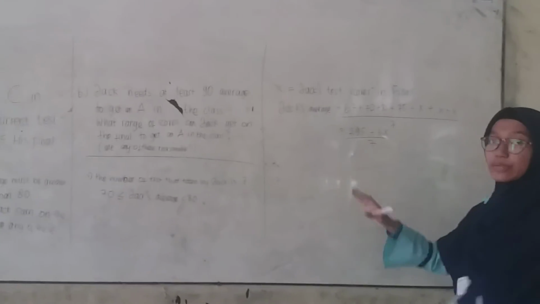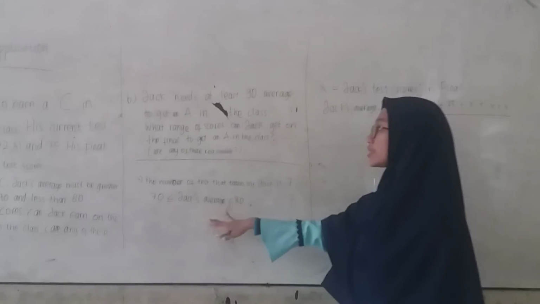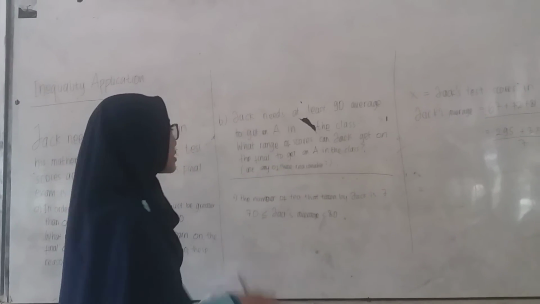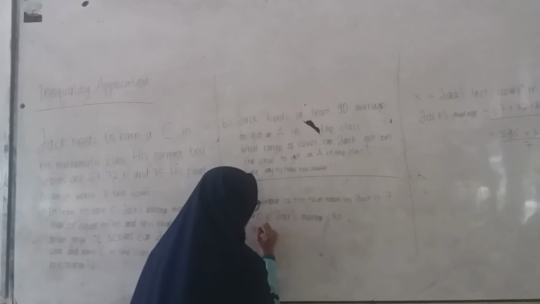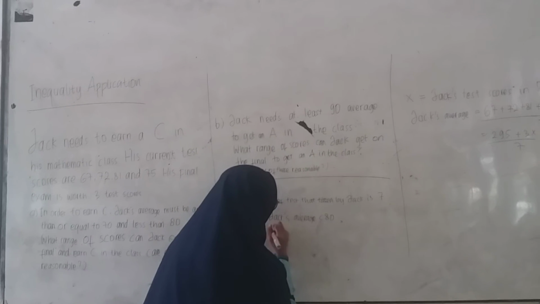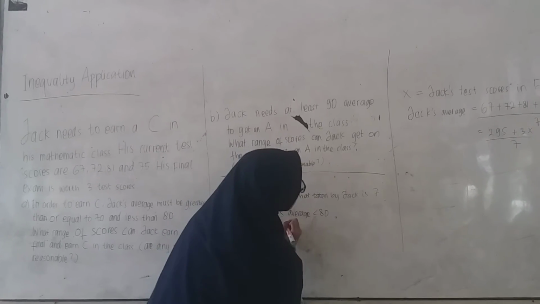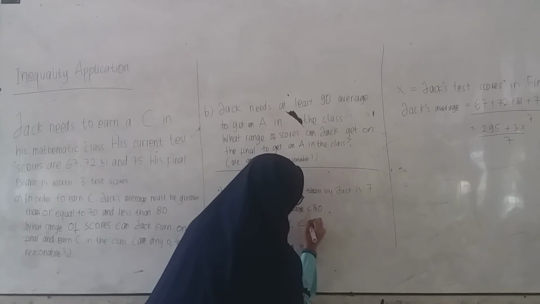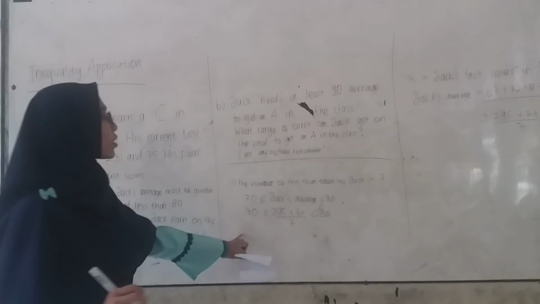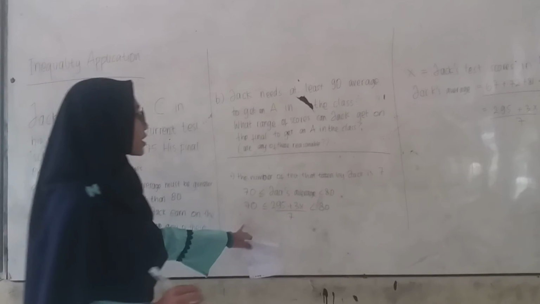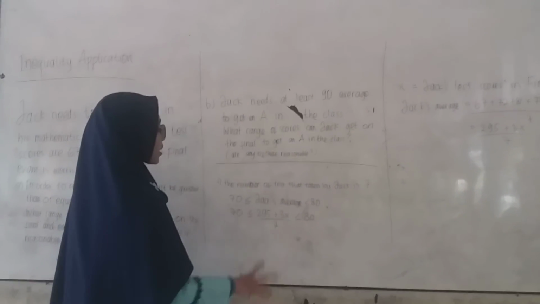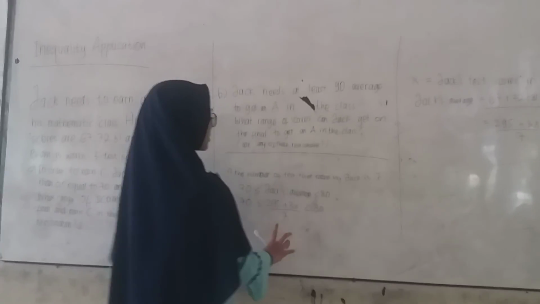And we can substitute this Jack's average into this statement to find x, to find Jack's test score in his final. So we can write this. Now, after we write like this, we can do algebraic properties again by multiplying each side by 7.